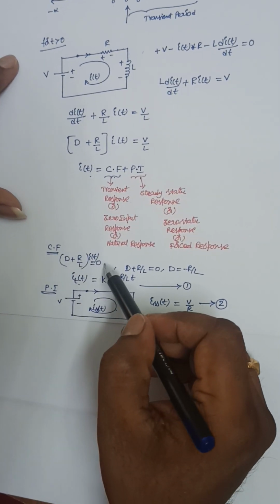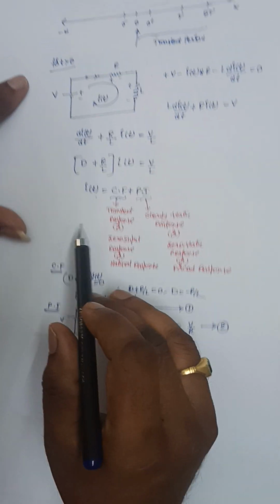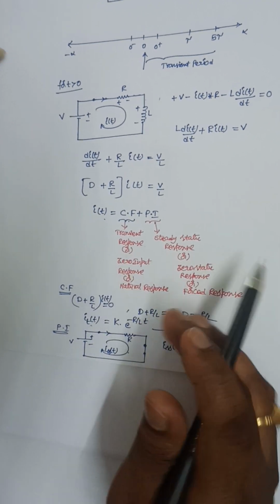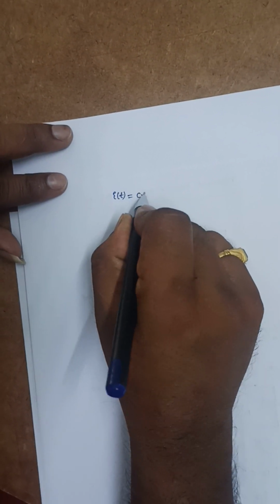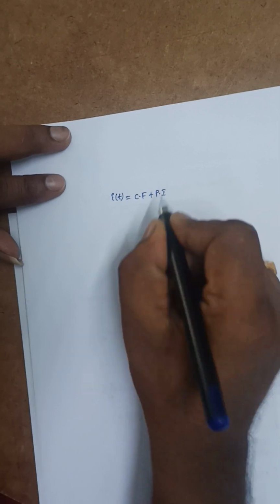If I add this complementary function and particular integral, then I will get the total complete solution for I of t. So let me write the complete solution here. I of t is equal to complementary function plus particular integral.